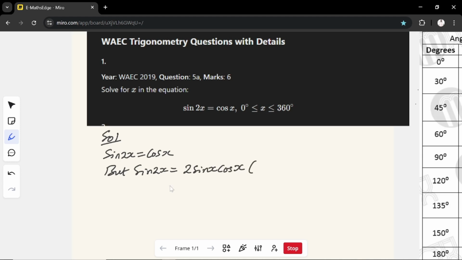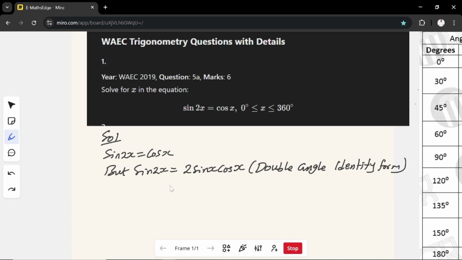So this is a formula in trigonometry called the double angle identity formula. This is a formula which subsequently we are going to be looking at. But for now and for the sake of this question, you have to note that sine 2x is equal to 2 sine x cos x.